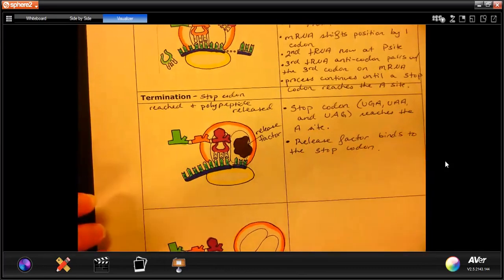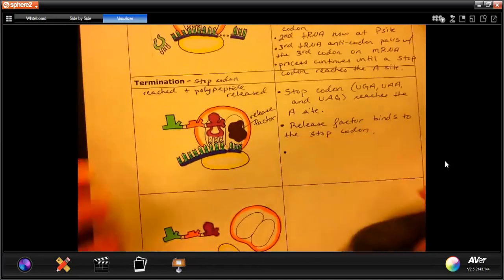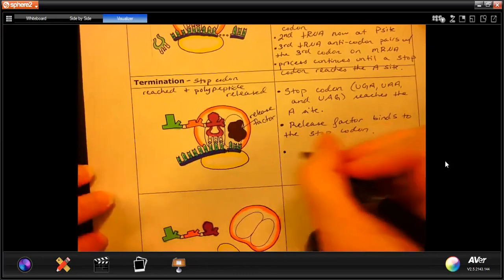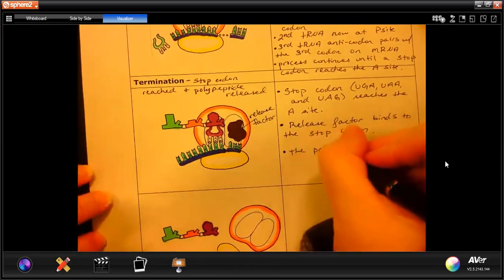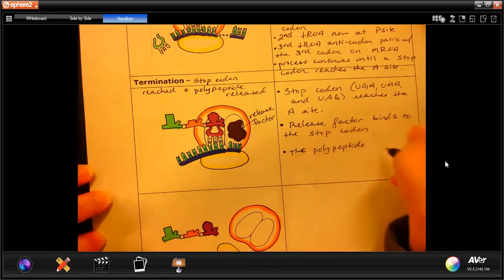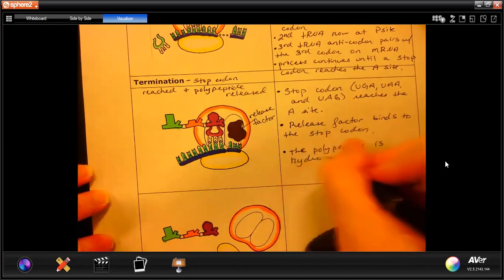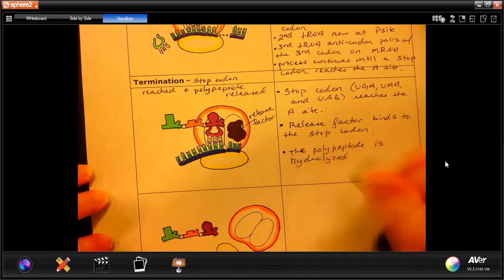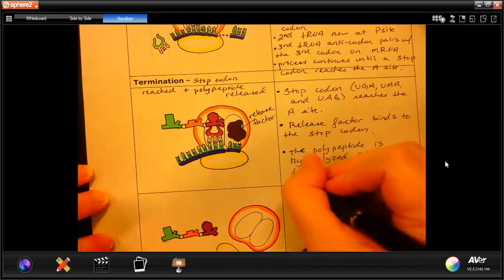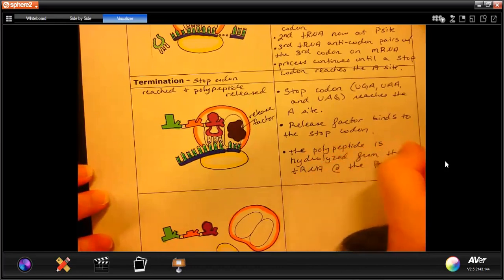Excellent. This forces, I don't think forces is the right word, but what this does is the polypeptide is hydrolyzed, so water is utilized, from the tRNA at the P site.